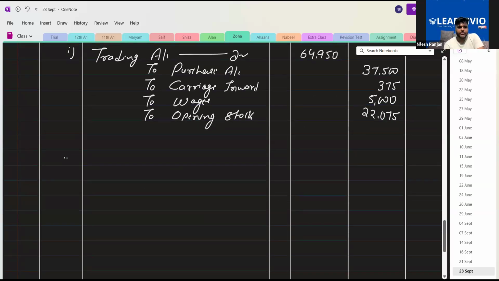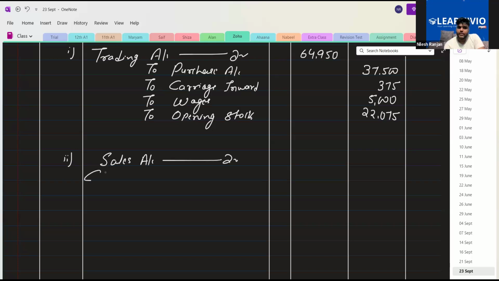Now the second one, on the credit side of trading account, it will be sales account debit, closing stock account debit, to trading account.